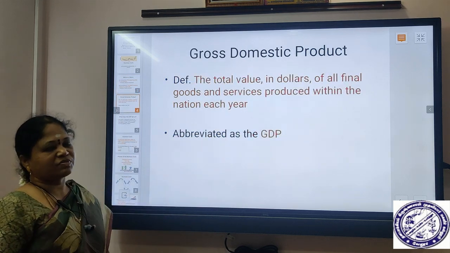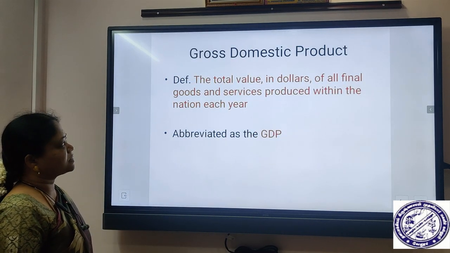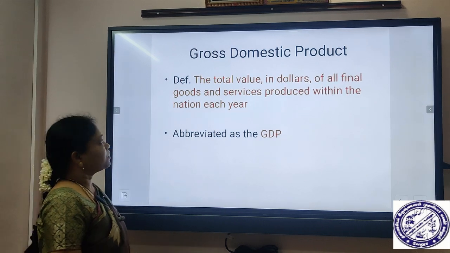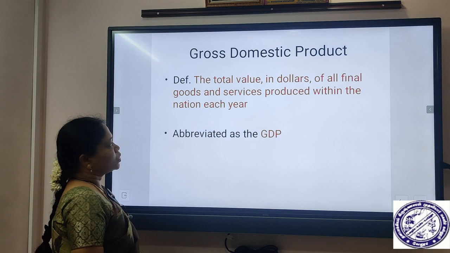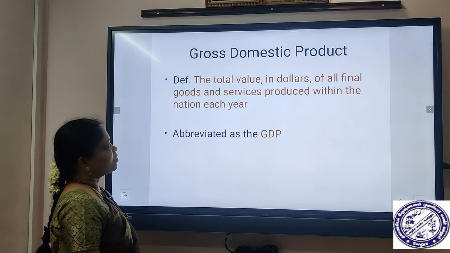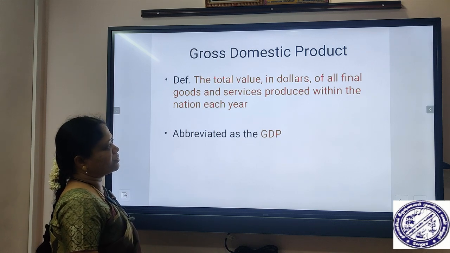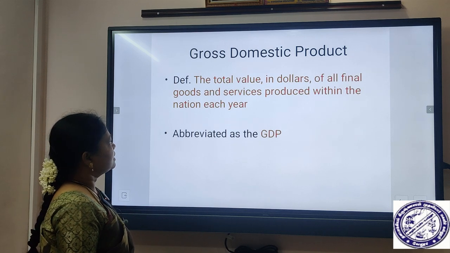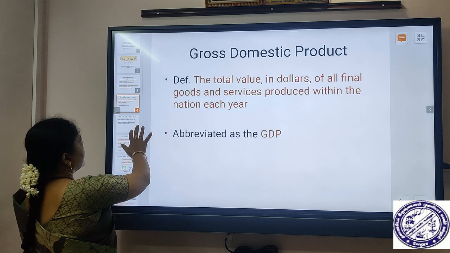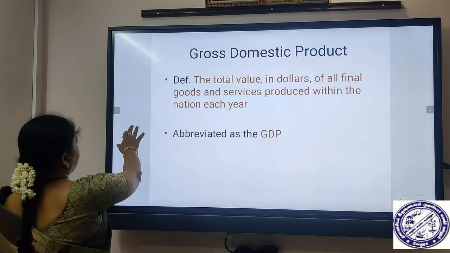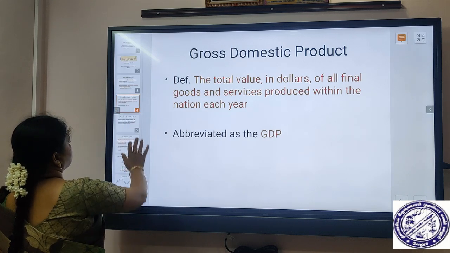The next concept which is closely related to business cycle is gross domestic product. It is the total value in rupees of all final goods and services produced within the nation each year. Usually gross domestic product is indicated as GDP.